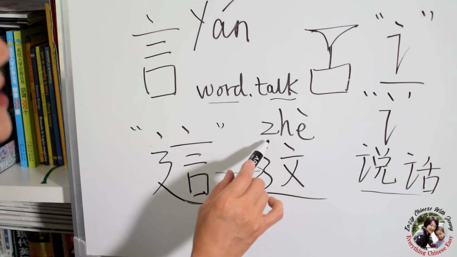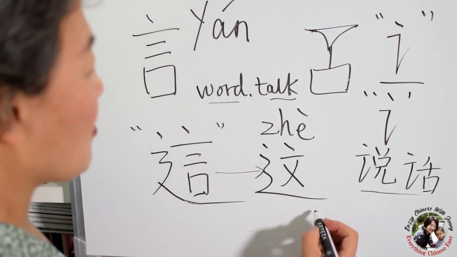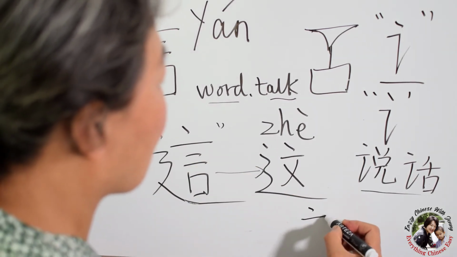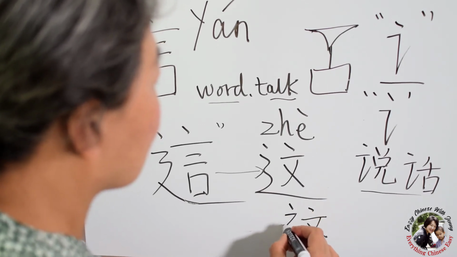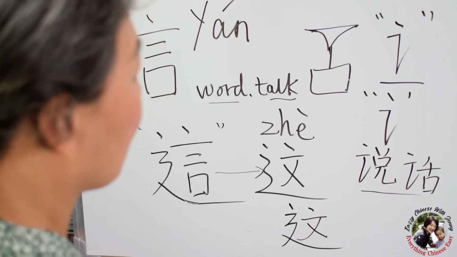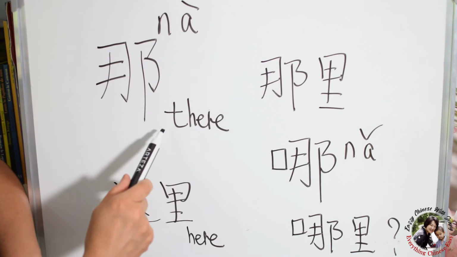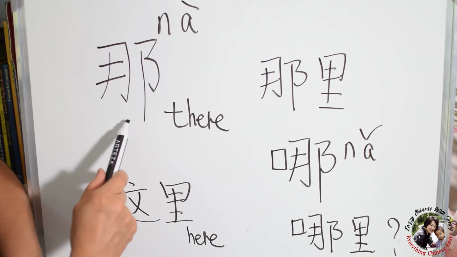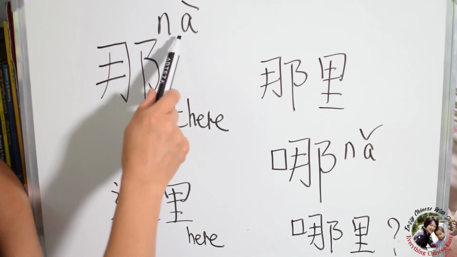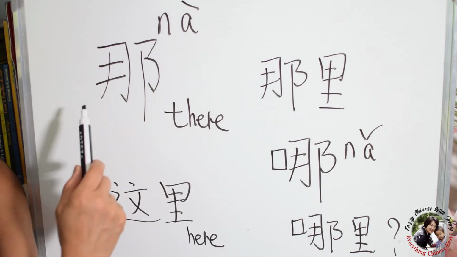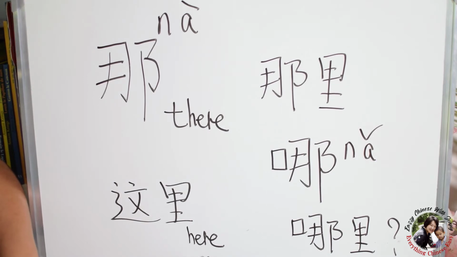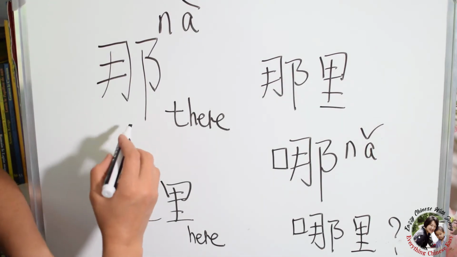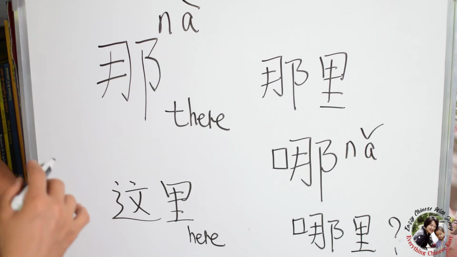The pronunciation is zhè. Simplified version is just 点横撇捺点横折横折捺. This character means there. 那 nà, the fourth tone. 那里 means there. 这里 means here. Originally, 那 means far away.